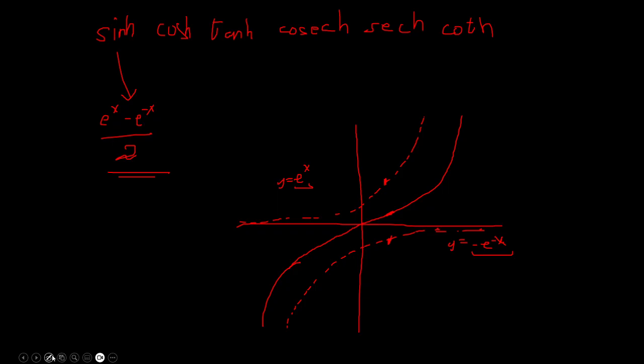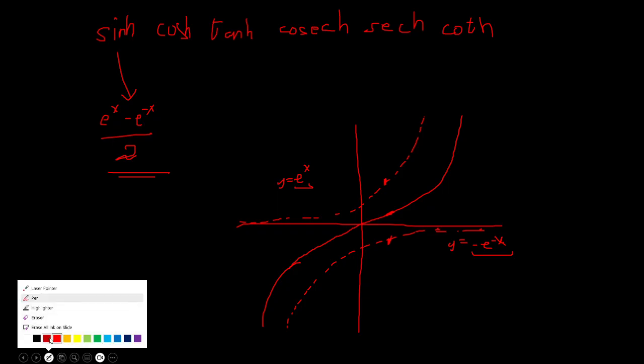Now the next identity that we're going to be doing is cosh x. For cosh it works pretty much the same as sinh, except instead of a minus we put a plus here, so e to the power of x plus e to the power of minus x, over 2.